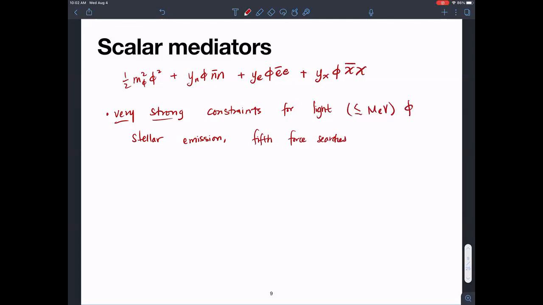And the key point is that as we go to lower and lower scalar mediator mass, the constraints don't disappear like in the dark photon case. They remain as strong or they get even stronger.